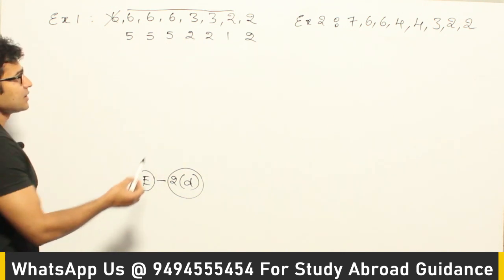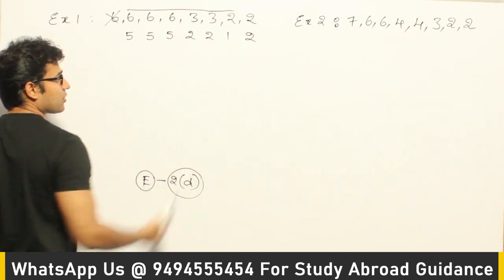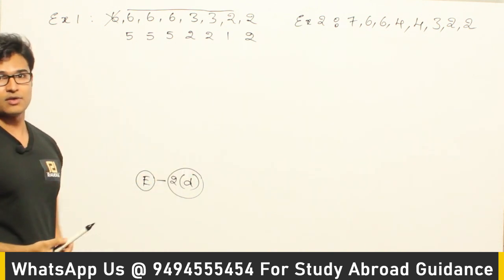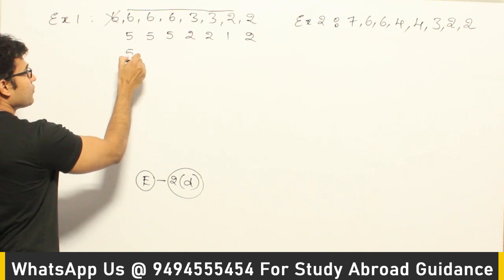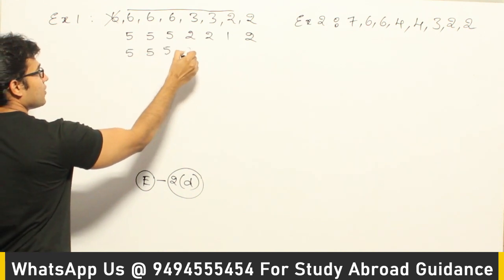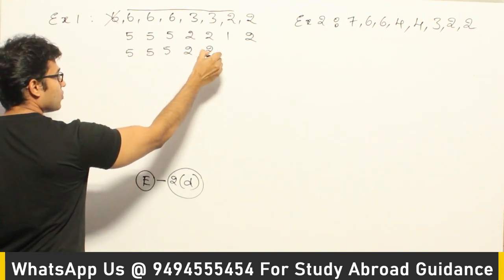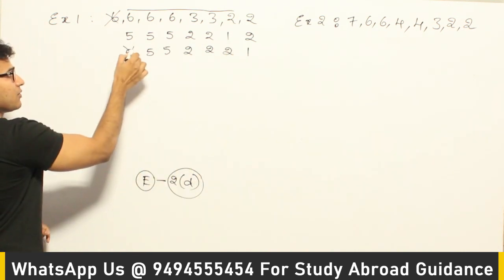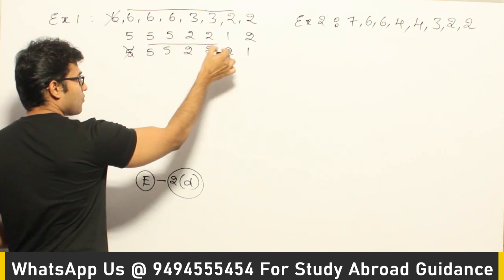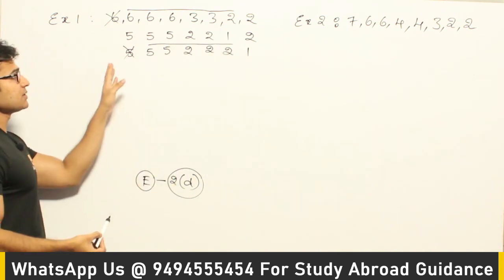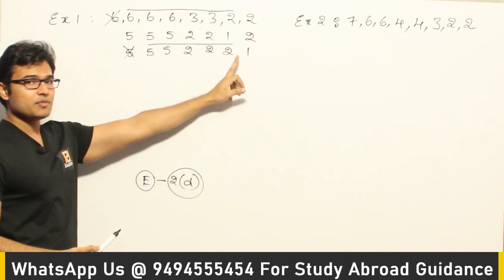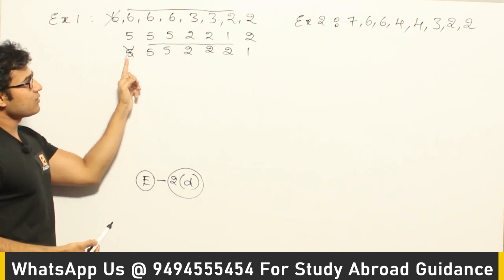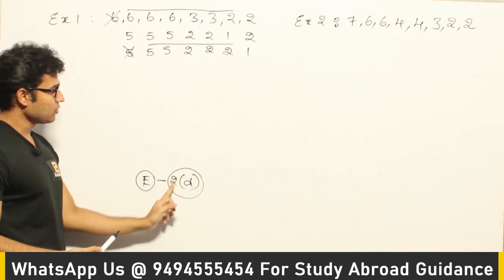Now one more thing, you should always keep it sorted in non-ascending order. So what you should do: 5, 5, 5, 2, 2, 2, 1. Now when you are deleting 5, you have to reduce 5 vertices by 1. This is an even number, and from it you are decreasing 5 and 5, which means 2 times some number.